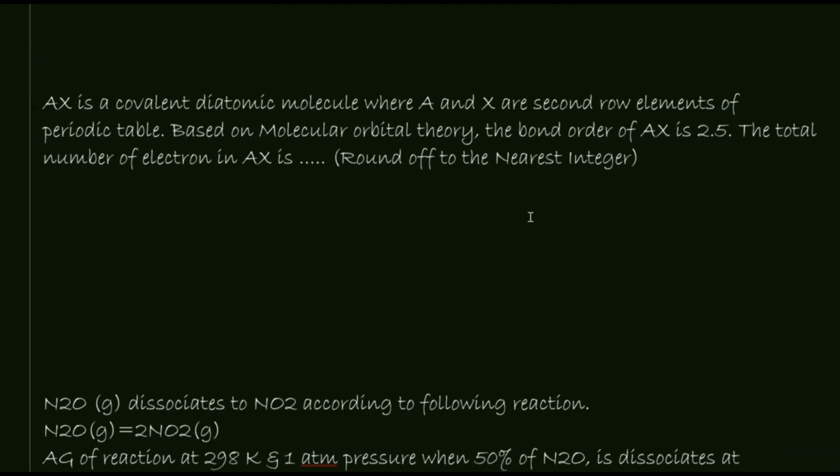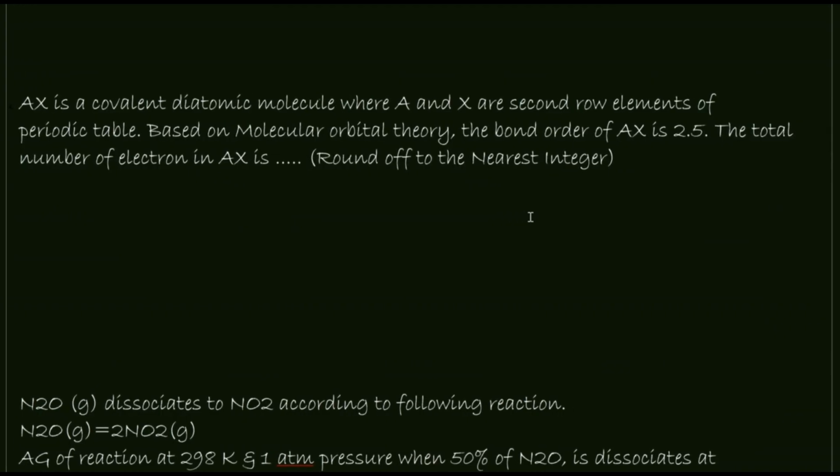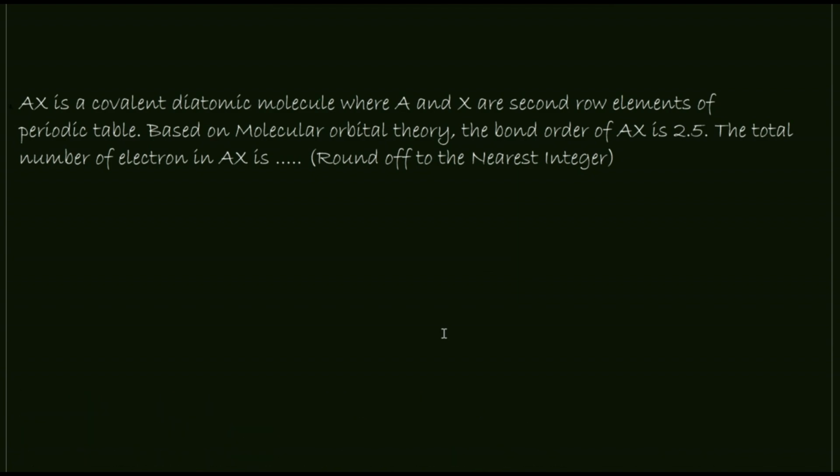AX is a covalent diatomic molecule where A and X are second row elements of the periodic table. Based on the molecular orbital theory, the bond order of AX is... So they have given the second row: boron, carbon, nitrogen, oxygen, fluorine.